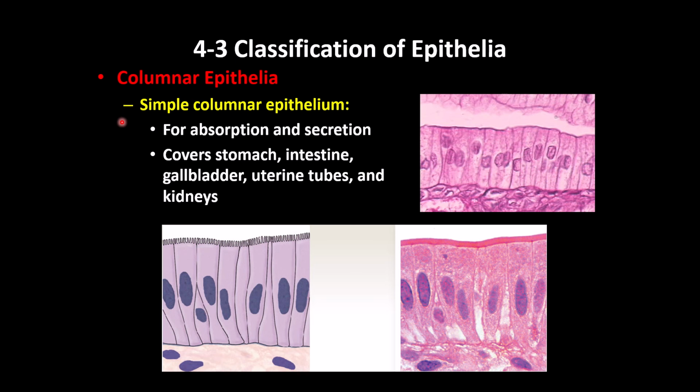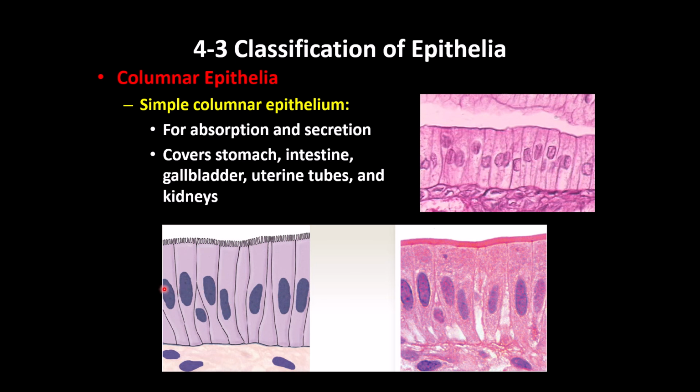Okay, so simple columnar means that there is one layer of epithelial tissue that is tall in shape. This is for secretion and absorption. So you see it in different parts of the body, and these are the tall shape cells. In the middle, you have the nucleus.